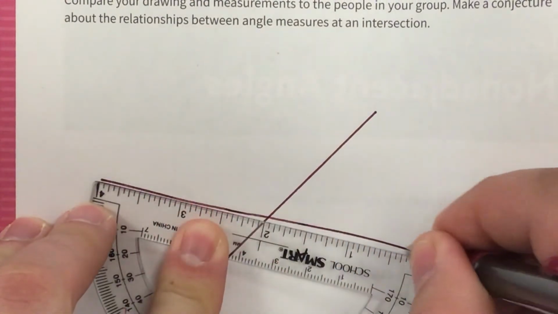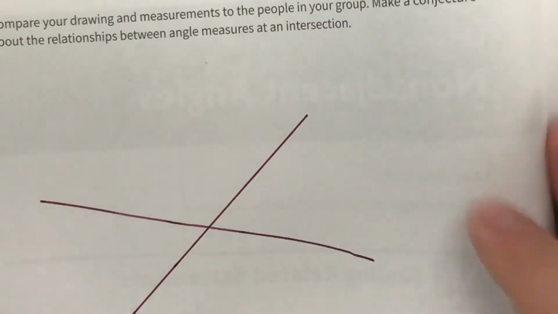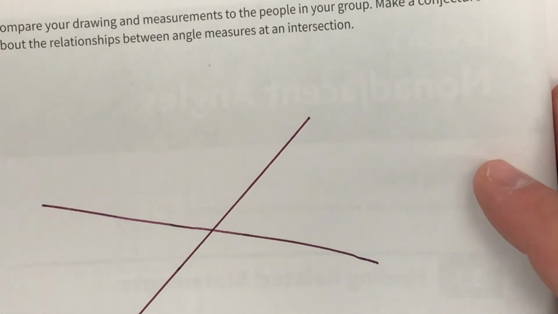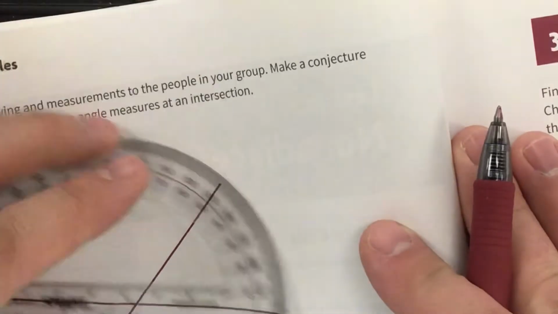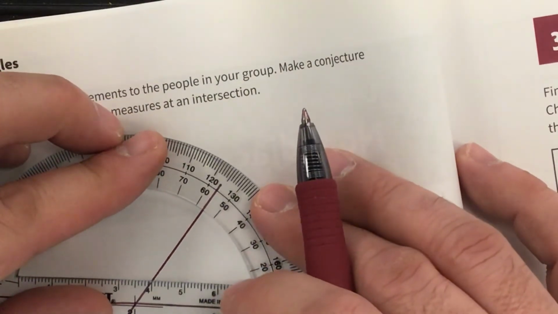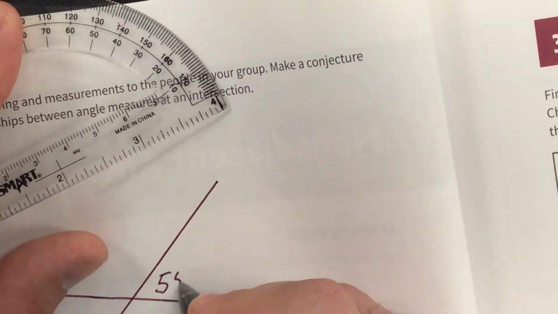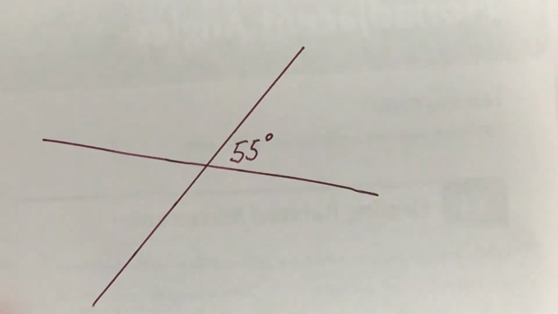I'm just using my protractor as basically a ruler at this point. Now I can measure any angle I want. I'm going to measure just one side here, and I'm going to put 55 degrees. Again, you can use my 55, you can measure yours, it doesn't matter.